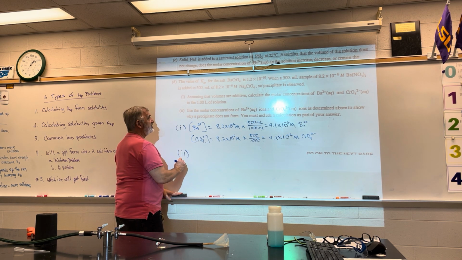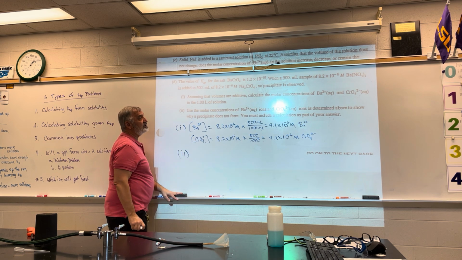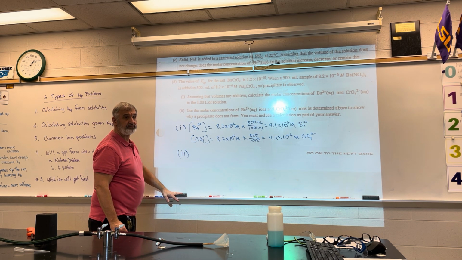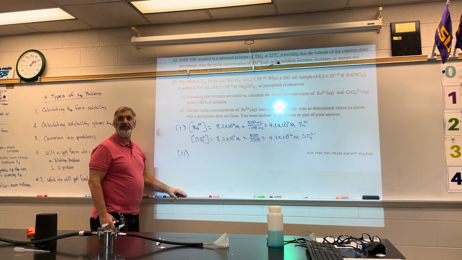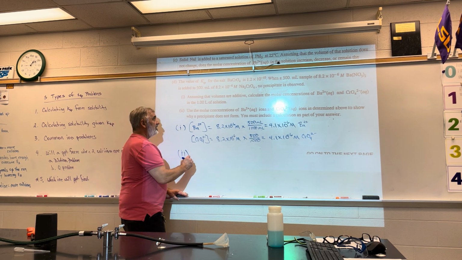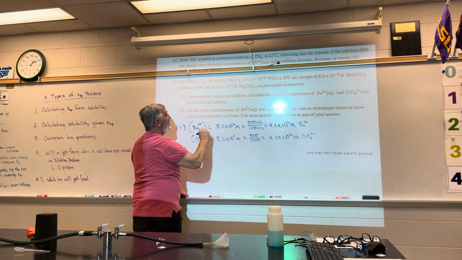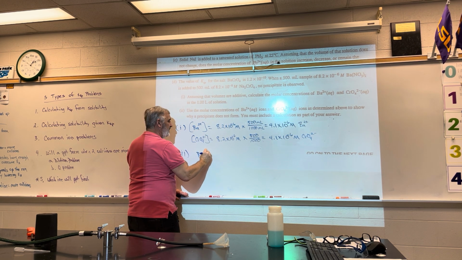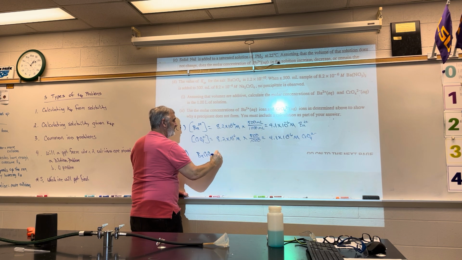Okay? So now part 2: use these molar concentrations to show why a precipitate does not form. So what do we have to calculate? Q. They don't give the equation, so even though it's not required, what would the dissociation equation be for barium chromate?